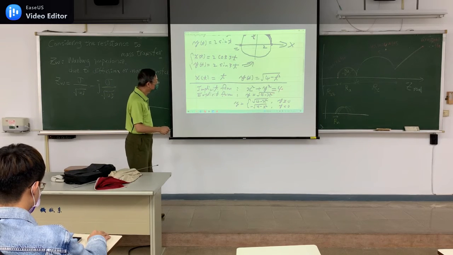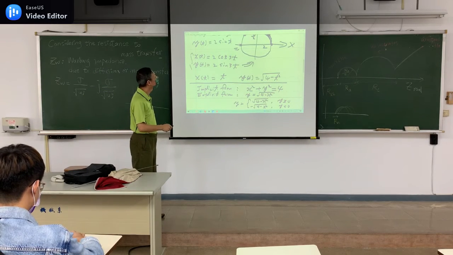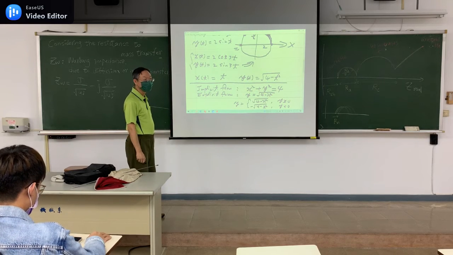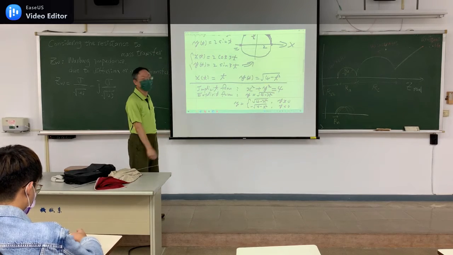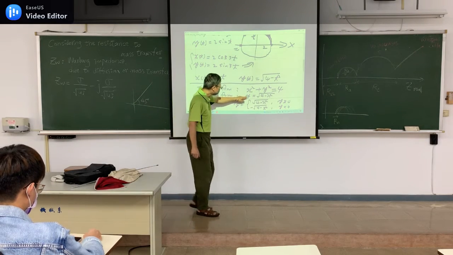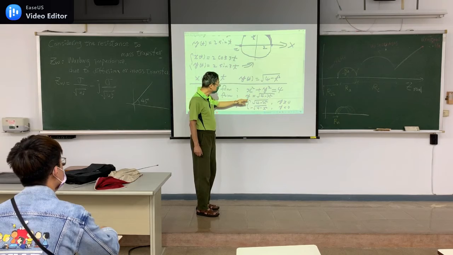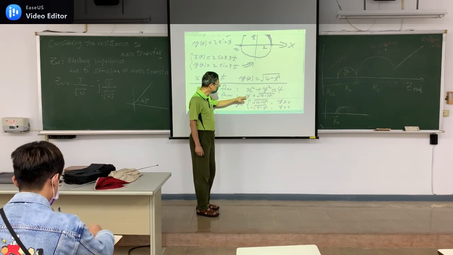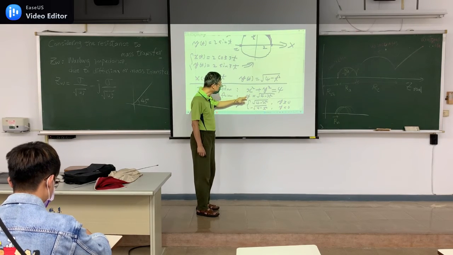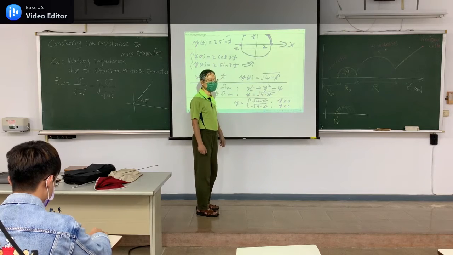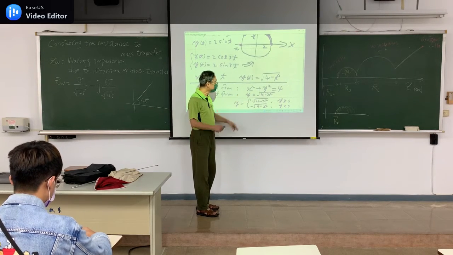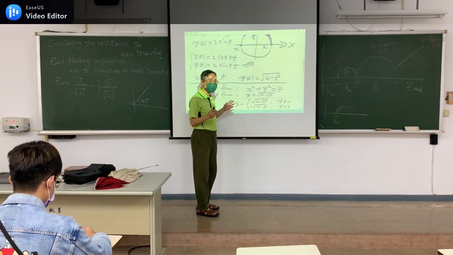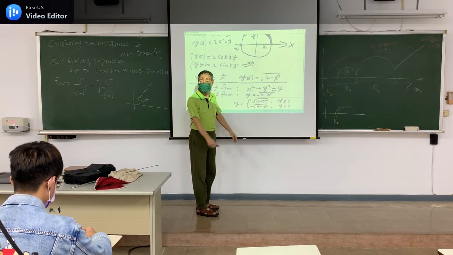So we have an explicit form and we have an implicit form. Explicit: in other words, you express one coordinate as a function of another coordinate. Implicit is that you represent a relationship between two coordinates.